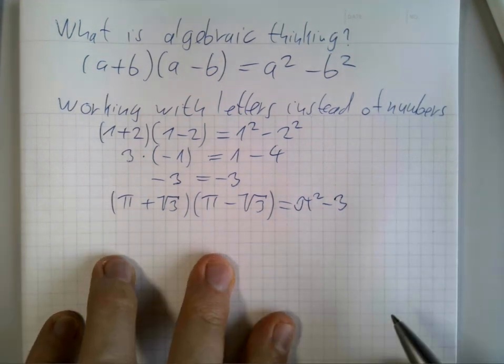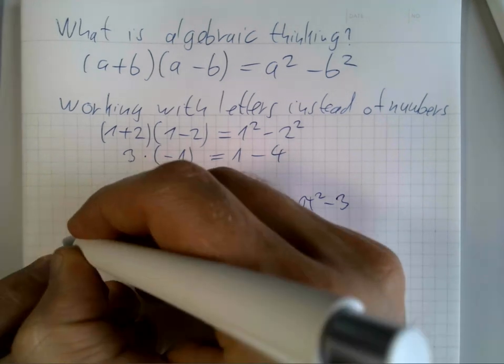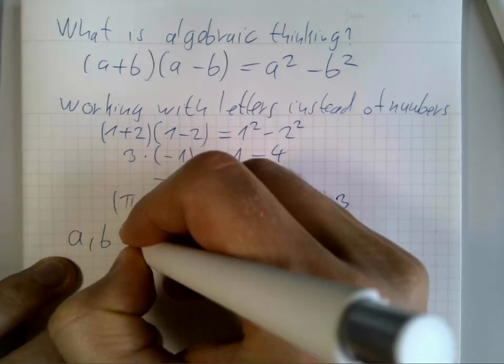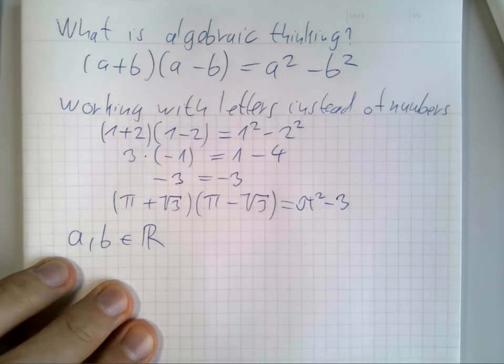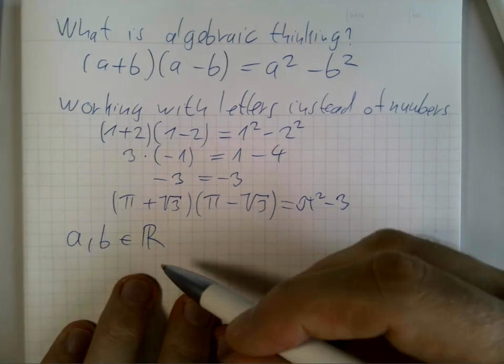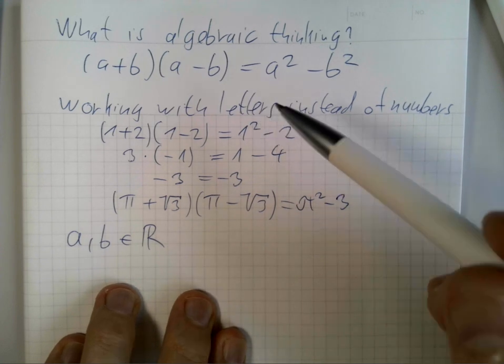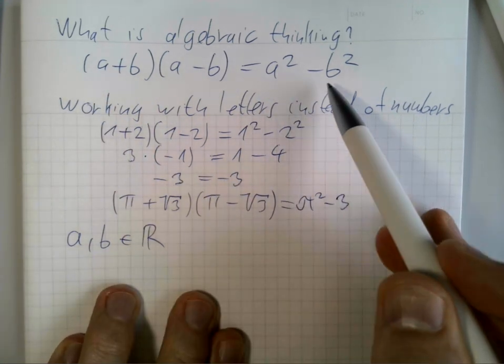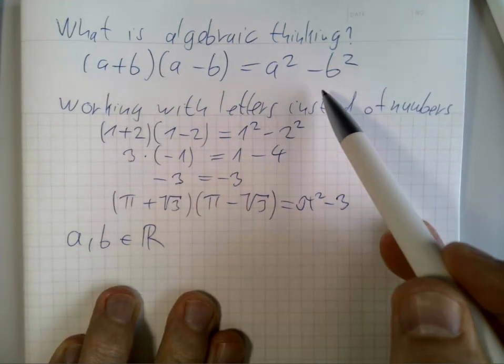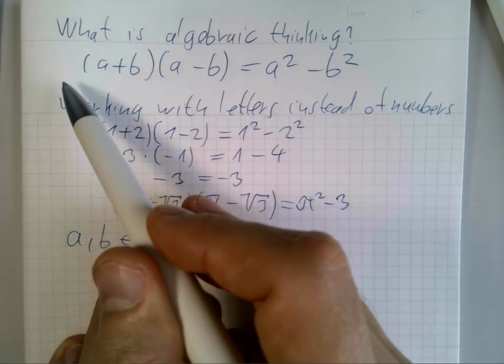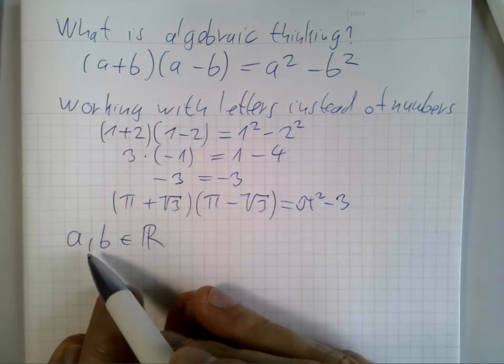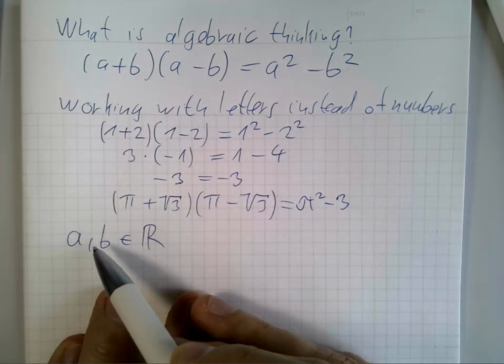Since we say that a and b can be any real number, with this very tricky notation, this is actually not a single statement, but infinitely many statements, because I can have infinitely many choices for a and b.